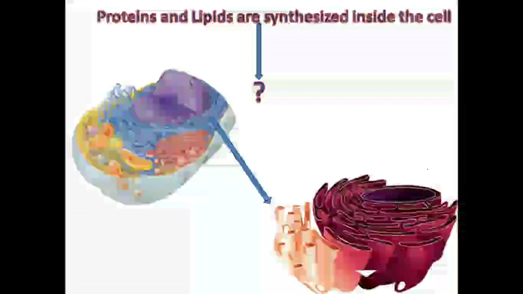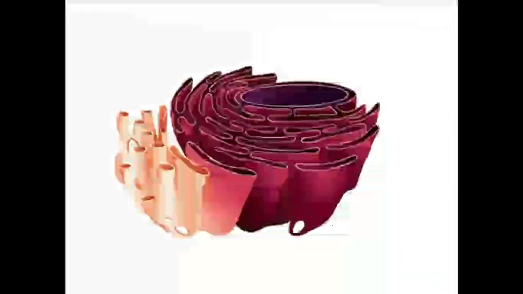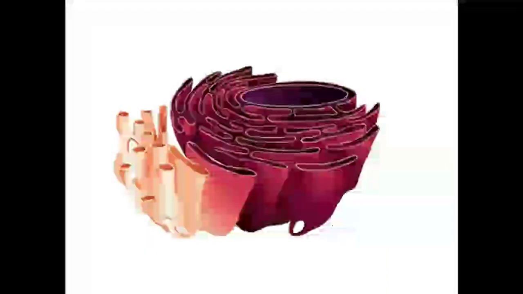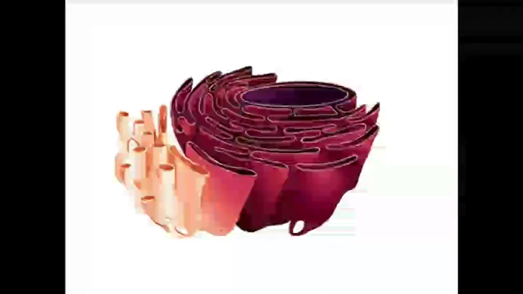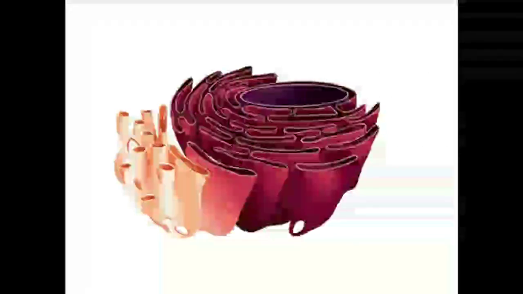The endoplasmic reticulum or ER is a network-like structure. As we can see in this figure, that's how the endoplasmic reticulum looks like. It is a large network of flattened sac-like structures and tubules.